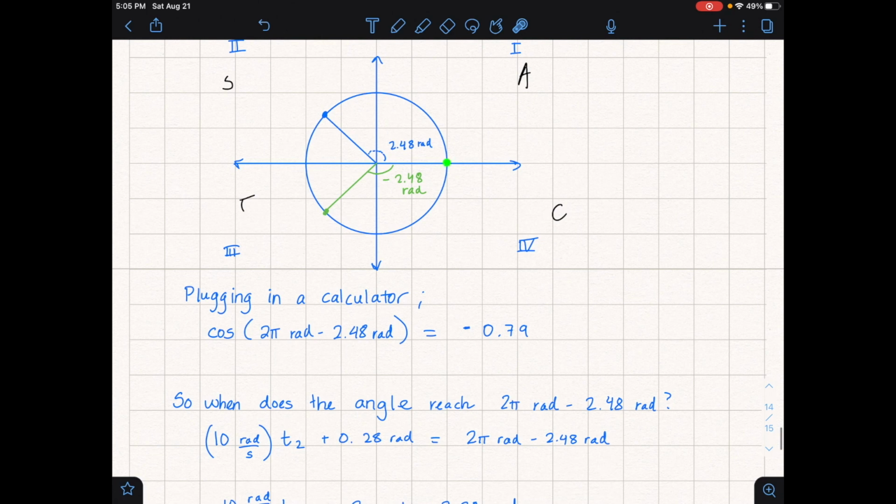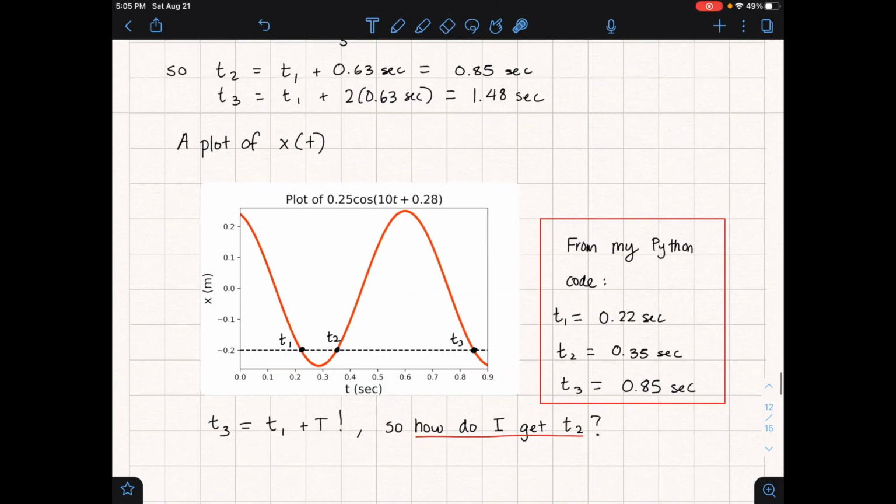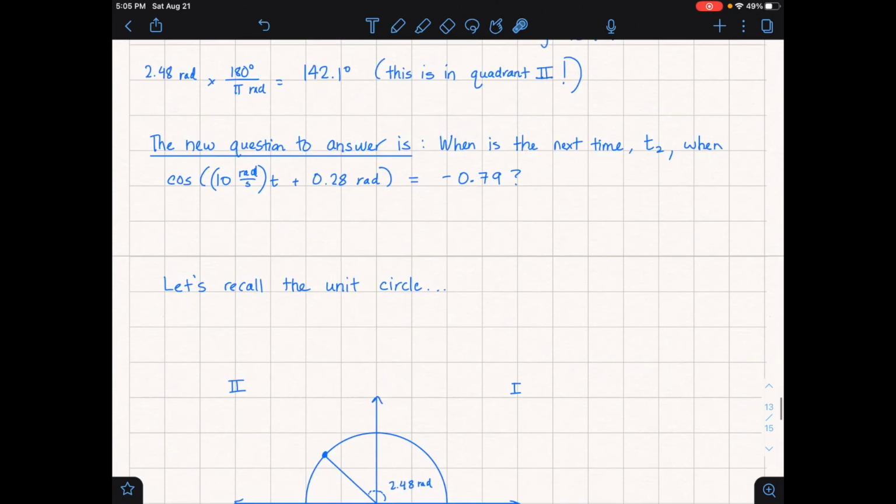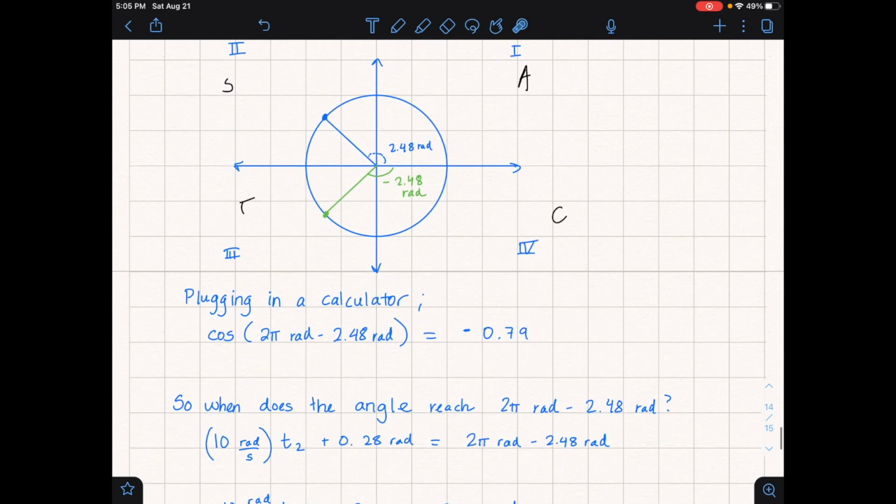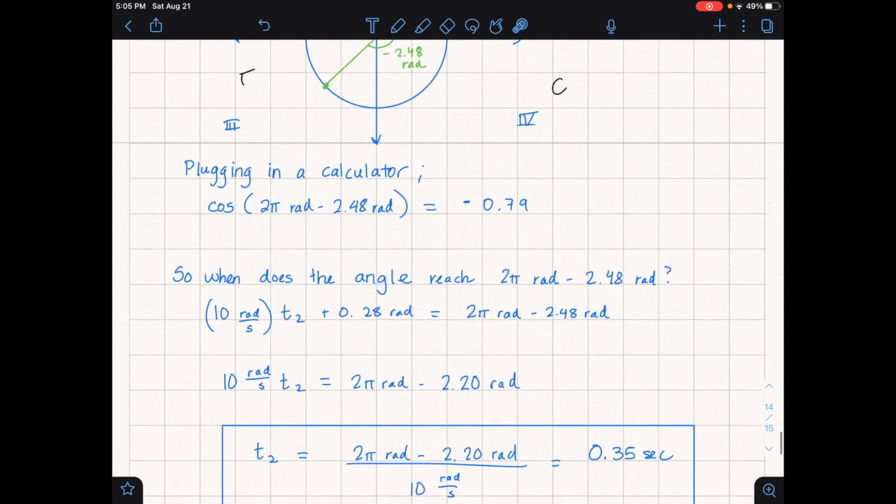So imagine the thing starts out here. It reaches 2.48 radians at t1 equal to 0.22 seconds. And if our intuition is correct and this plot gives us a clue, the time that it will reach this angle right here should be 0.35 seconds.